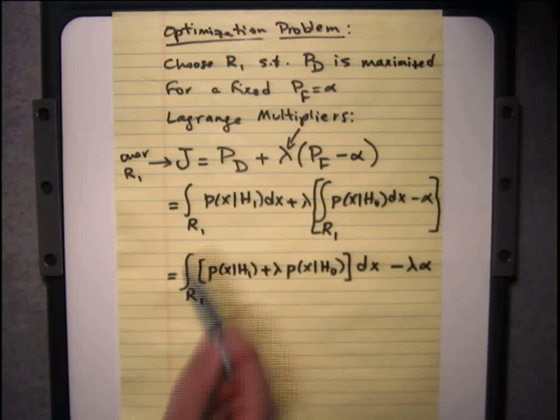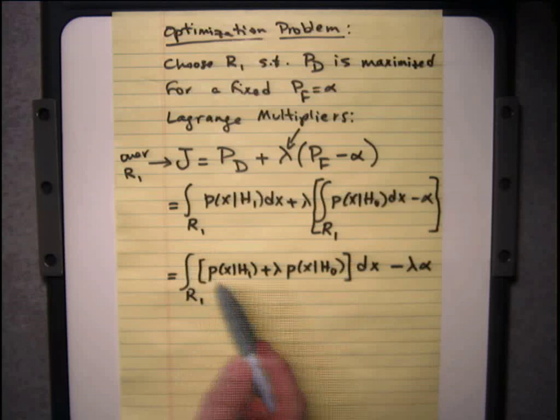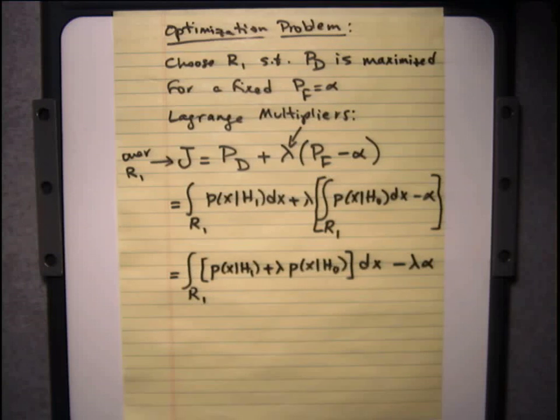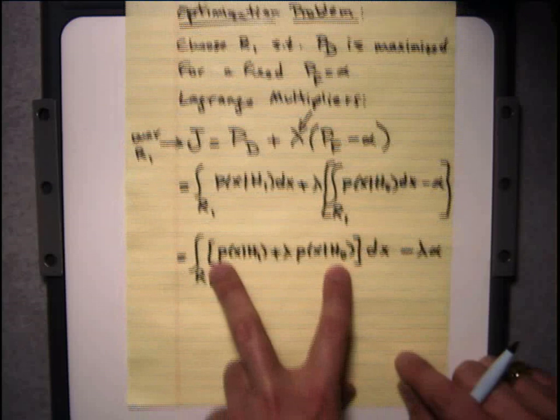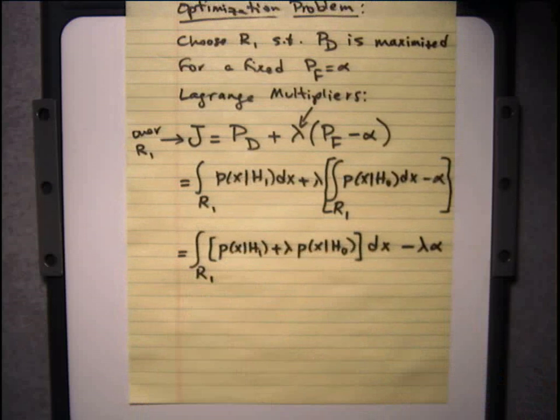This expression is an integral of the sum of two quantities. What I want to do is pick R1 in such a way that this sum is always positive. To make this integral as large as possible, I can't change anything inside the integral, so the only thing I can do is pick regions of x that define an R1 where the integrand is positive.